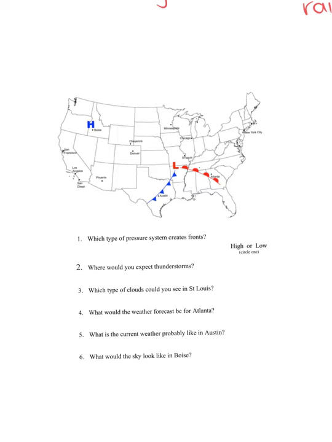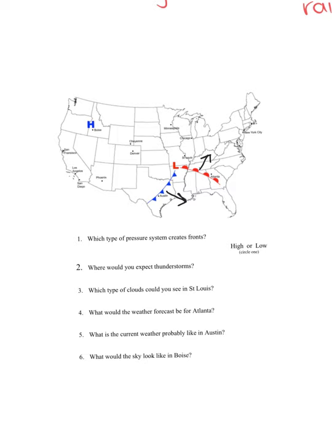Okay? So this guy is going to be moving this way. This one's going to be moving this way. Because in general, they're moving counterclockwise around the low pressure system. This is important for forecasting because we have to look and say, okay, what will these places experience as the cold front moves?